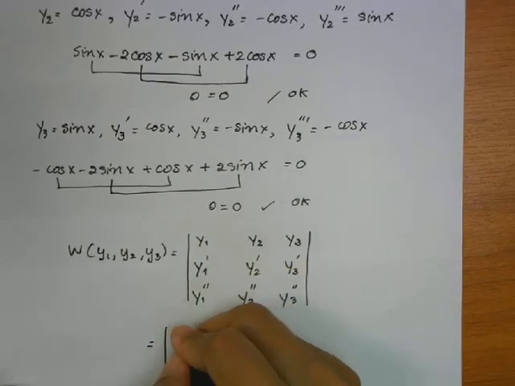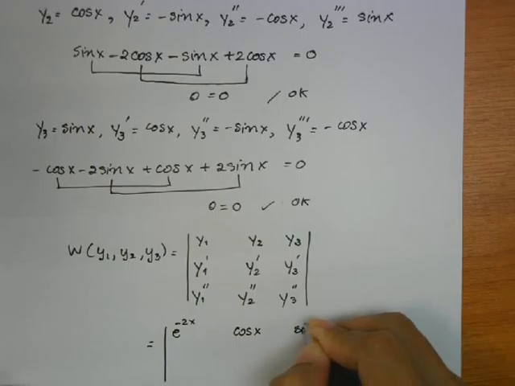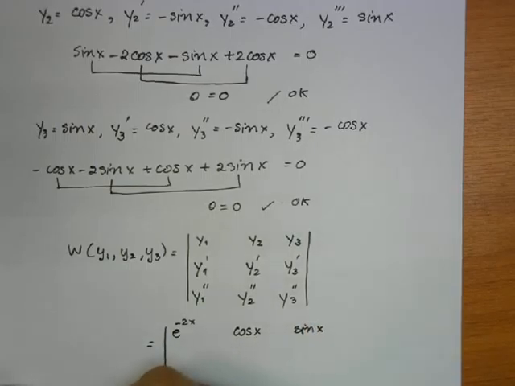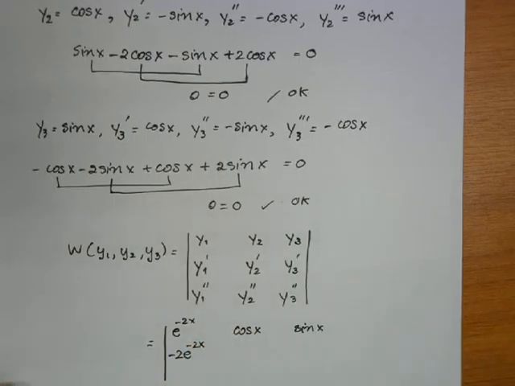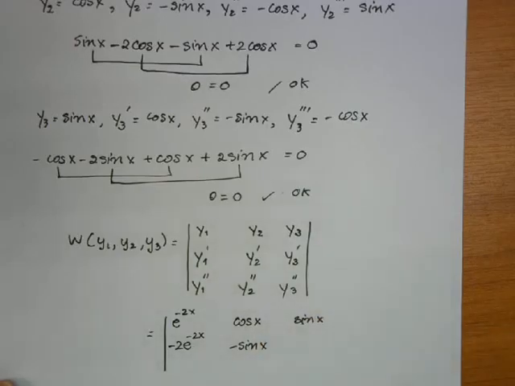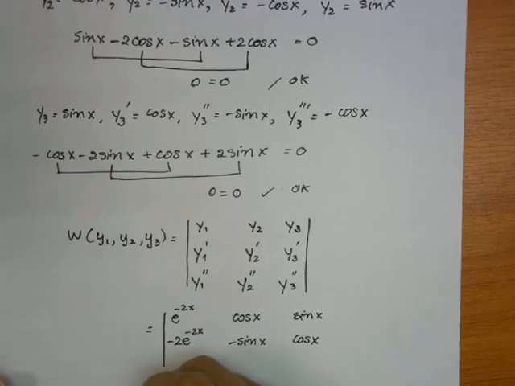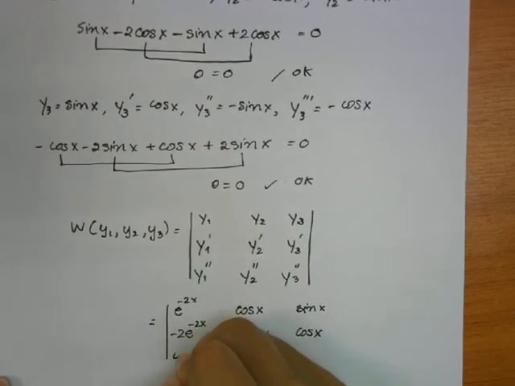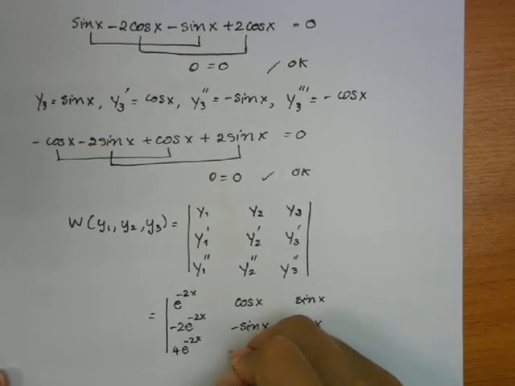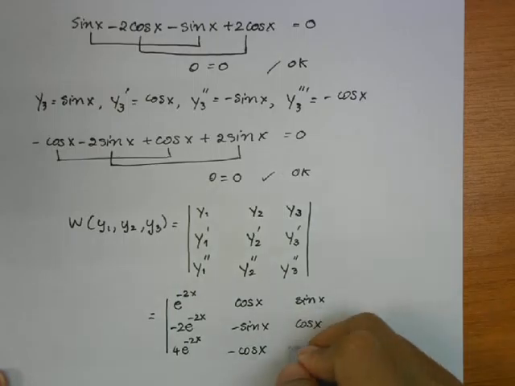You would get the first derivative of y1, the first derivative of y2, and the first derivative of y3. Second derivative of y1, second derivative of y2, and second derivative of y3.